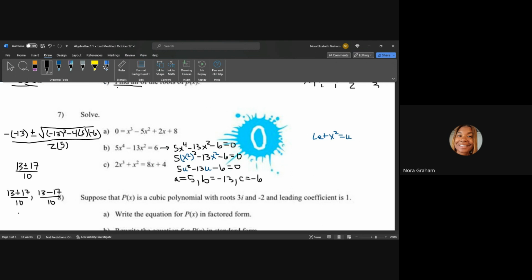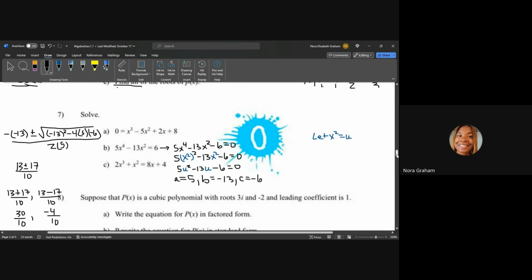When I simplify this one down, I get 17 plus 13, that equals 30 over 10. 13 minus 17 gives me negative 4 over 10.